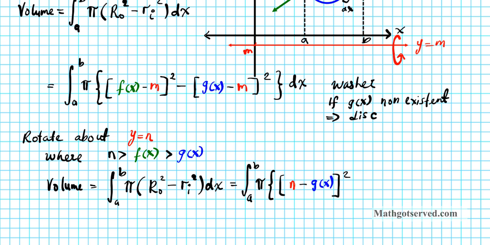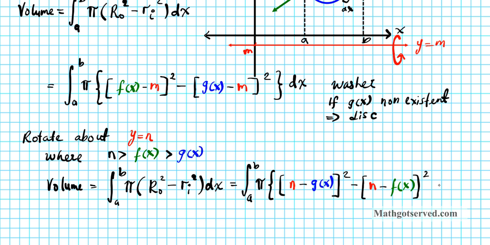The expression is going to be the inner radius, r sub i, squared. So minus n again, n minus the function that's closer to the axis of rotation, the inner function, f of x, all quantity squared.